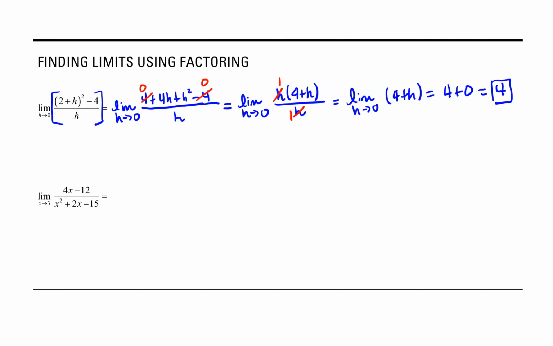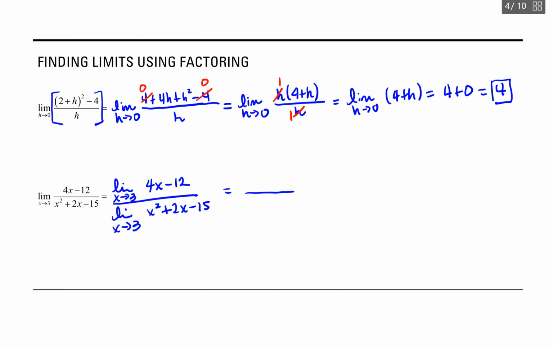Let's look at one more. We've got the limit as x approaches 3 of the quantity 4x minus 12 over the quantity x squared plus 2x minus 15. Using the quotient rule, I take the limit of the numerator, 4x minus 12, over the limit of the denominator, the limit as x approaches 3 of x squared plus 2x minus 15. What happens to 4x minus 12 as x approaches 3?